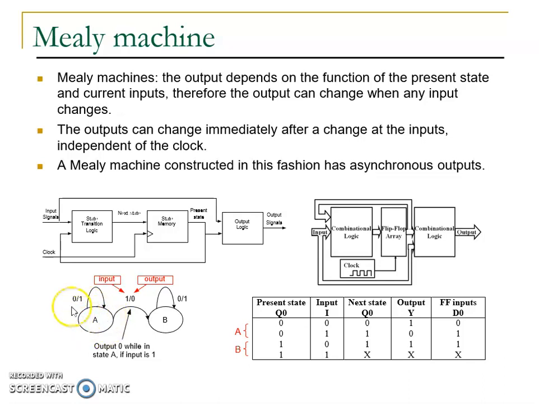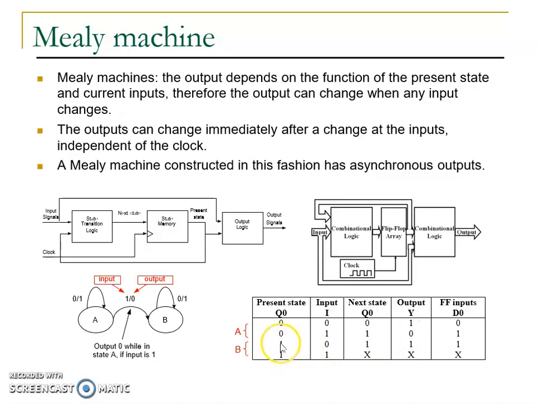So state A, input 0, next state is 0 or A, and the output is 1. So we put 1 here. Then next is still state A, input 1. Input 1, next state is 1, which is actually B. So we write 1 here to represent state B. Then the output is 0.